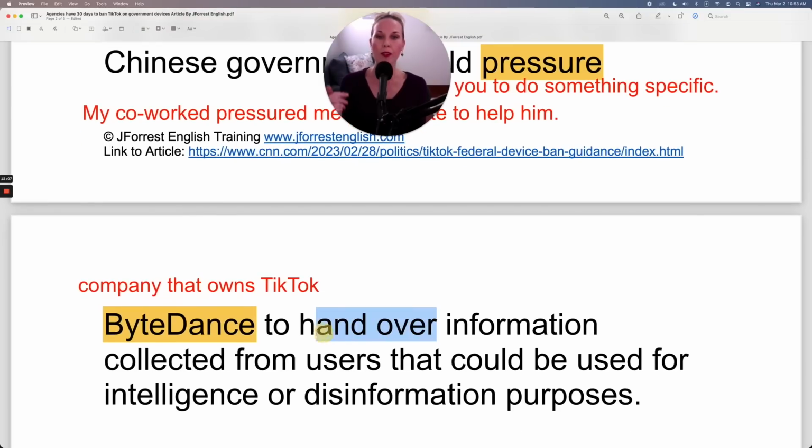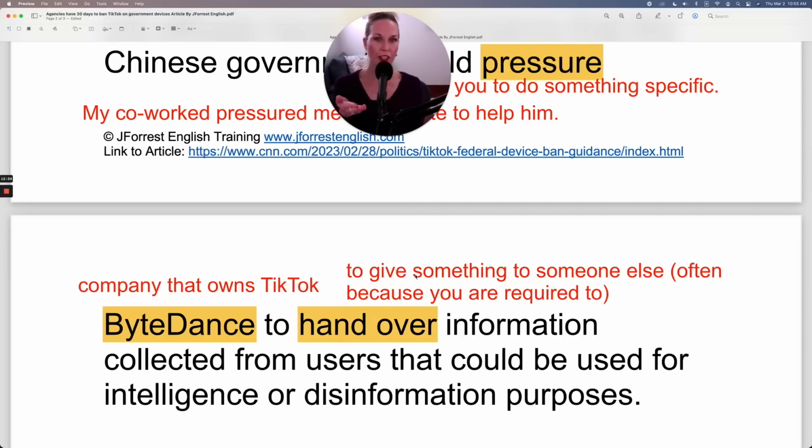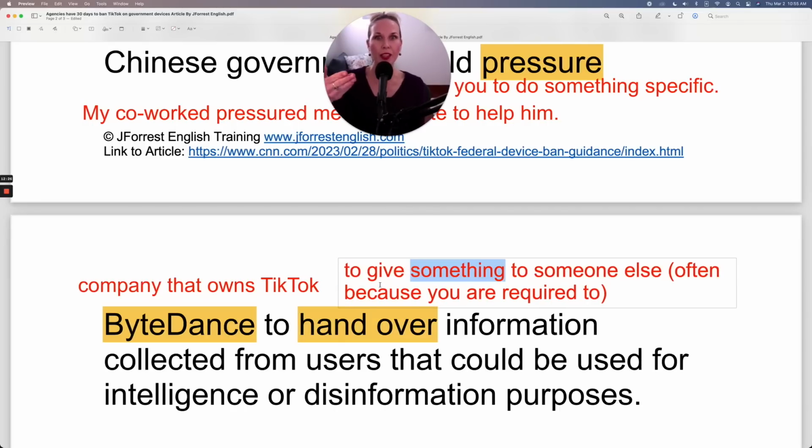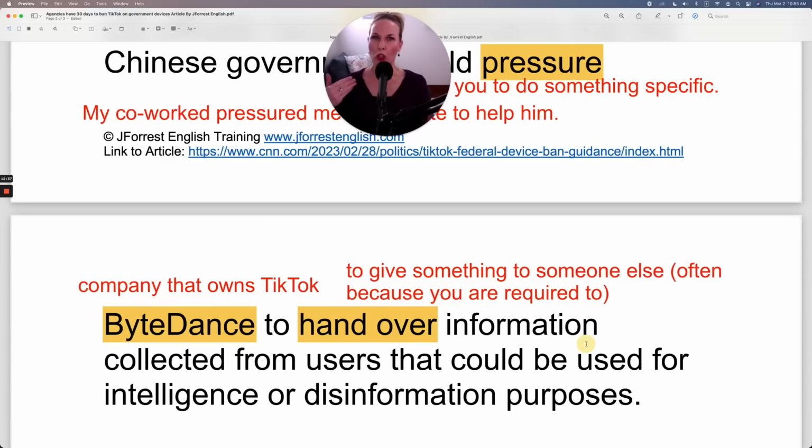When you hand something over, it means you simply provide it. So you provide information. Here, to give something to someone, to give is to provide. It's just a different way of saying it. But notice I wrote, often because you're required to. So a government official, a police officer, someone at the airport might say, hand over your liquids.